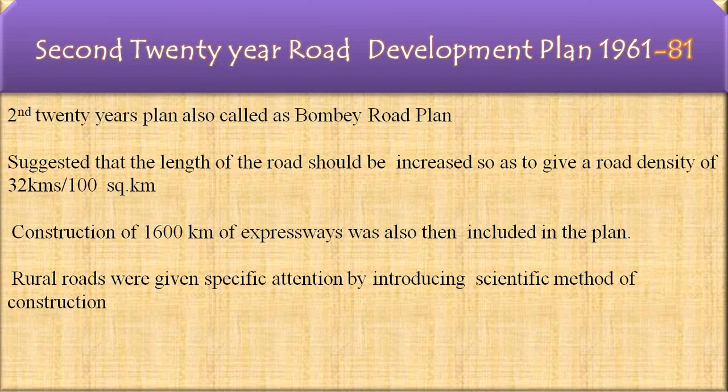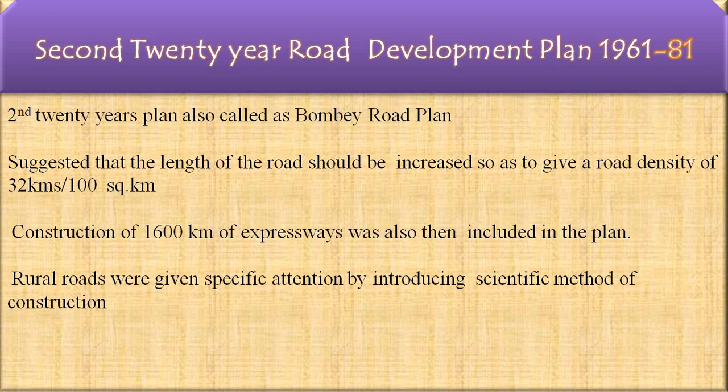Coming to the second one, the second 20-year road development plan, 1961 to 81, also called the Bombay Road Plan.